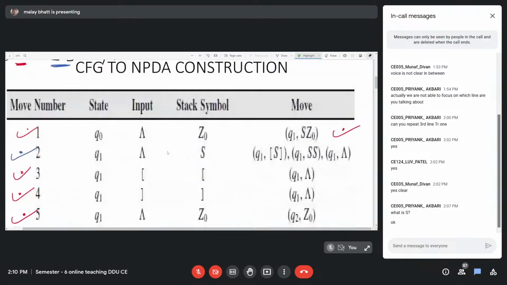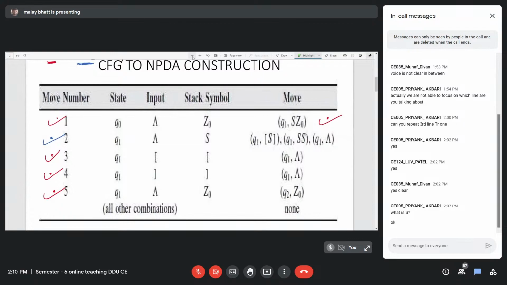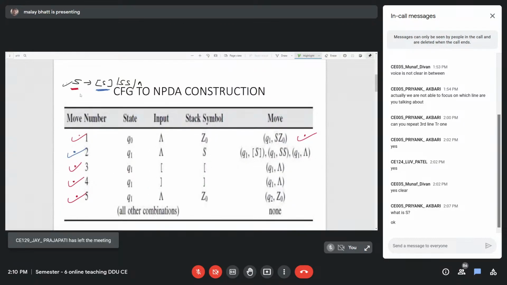So here you can see rule number 2. How many non-terminals do we have here? Only one non-terminal, S. So rule number 2 is Q1 null S, and the move is Q1 alpha. Alpha is the right-hand side of the production.